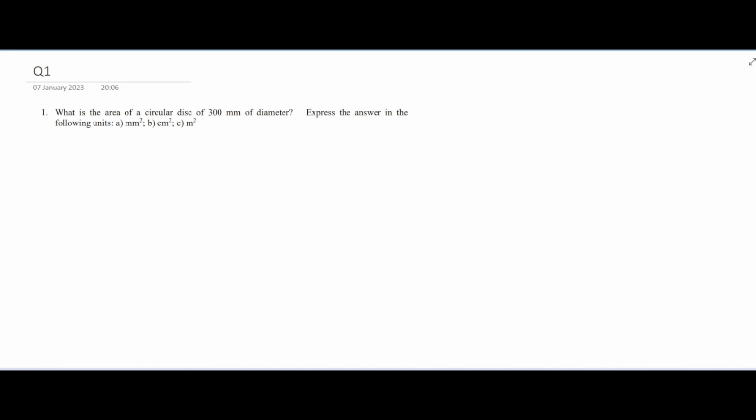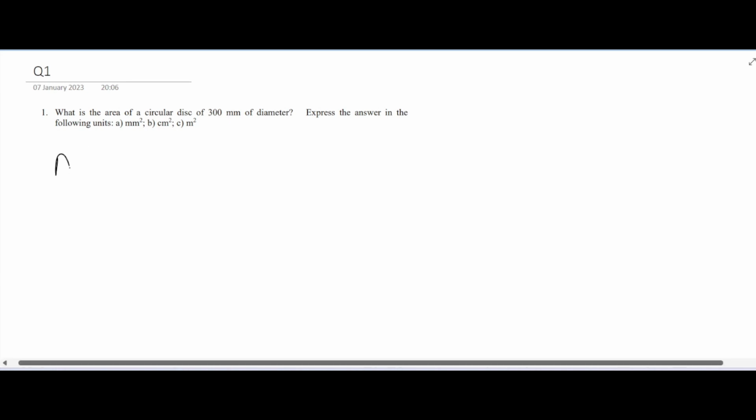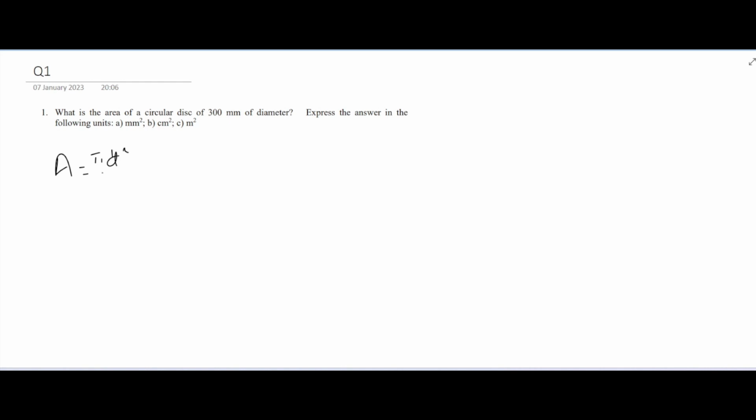As we all know, the area of a disk is pi r squared, or pi d squared over 4. So let's write this here: area is equal to pi d squared over 4. Sorry for the writing, I just have this new tablet with me.